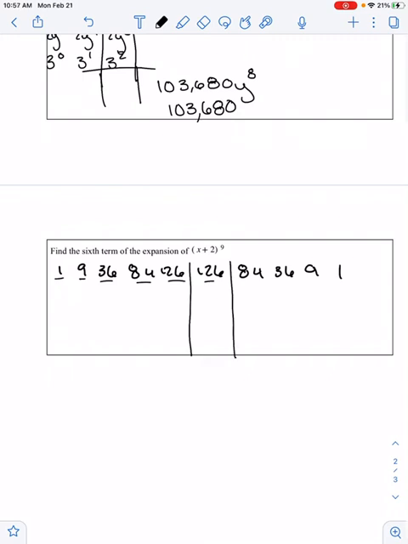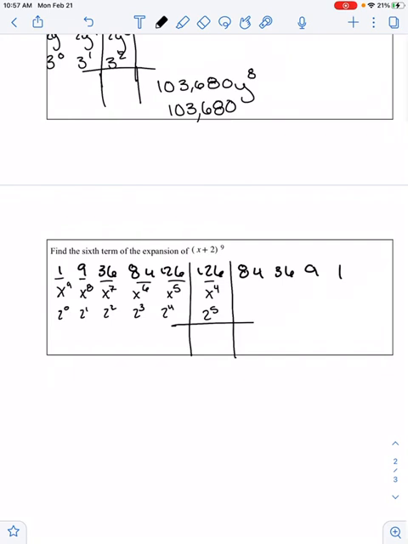And then we would have x to the 9, 8, 7, 6, 5 to the 4th. And then our 2 would be squared, cubed, 4 to the 5th.